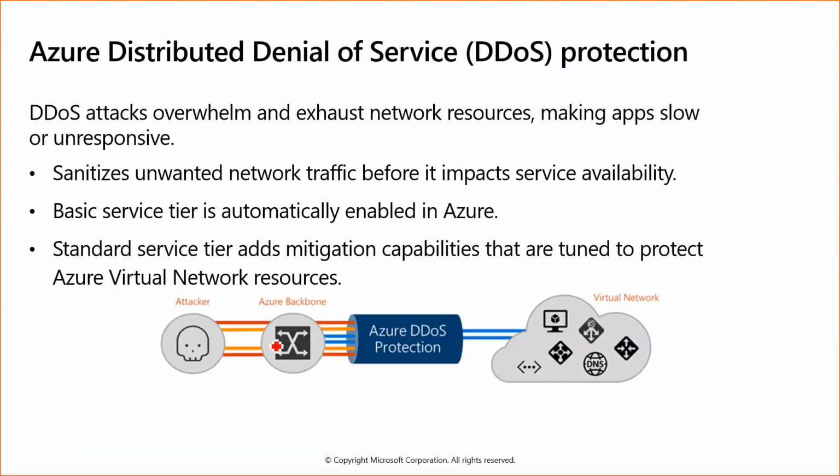What is DDoS? DDoS attacks overlap and exhaust network resources, making apps slow or unresponsive. That's what it's saying. If an attack is there, it will exhaust the network resources, making your app or resource slow or unresponsive. So you'll not be able to process your request and get the response from that resource. This Azure Distributed Denial of Service protection sanitizes unwanted network traffic before it impacts service availability. The basic service tier is automatically enabled in Azure.